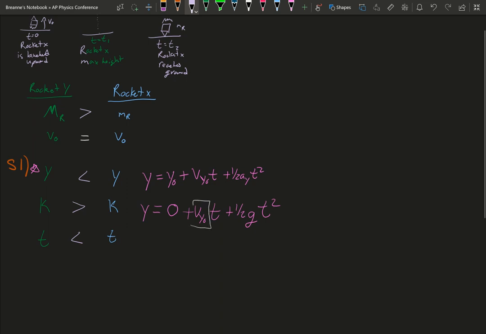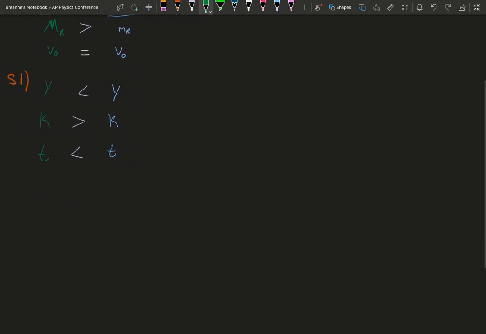So this variable and this variable are the same. Here, let me rewrite this. So let's look at it like this. So this is for y. So if we have y equals, we know y naught is 0, so we're not going to worry about that.